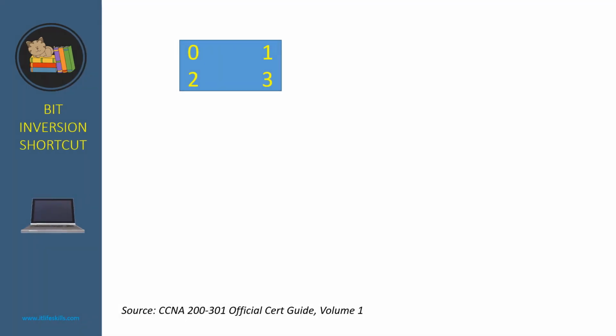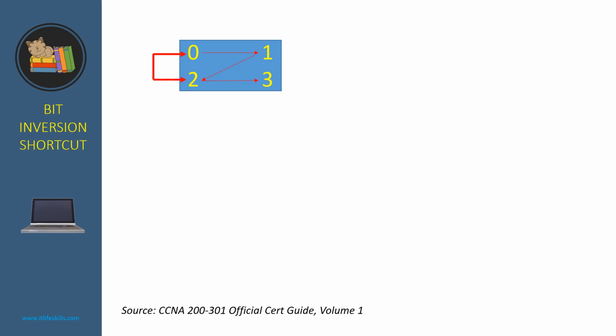To perform bit inversion faster, let's use a shortcut. First, we need to create a box containing numbers from 0 to 3. It starts with 0 in the top left corner, then 1, 2, and 3, like this. This box gives us the rule to invert from 0 to 2 and 2 to 0.